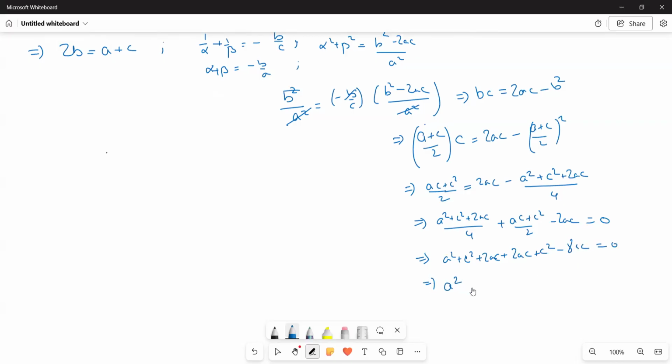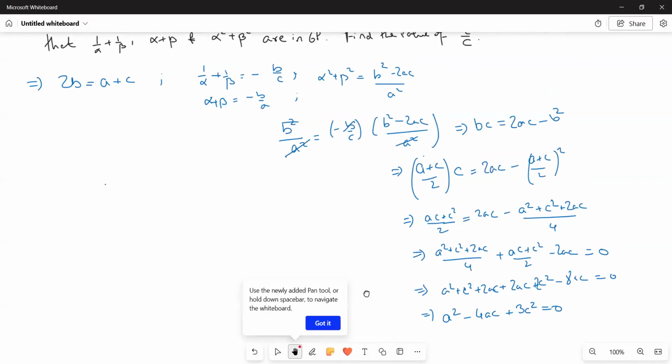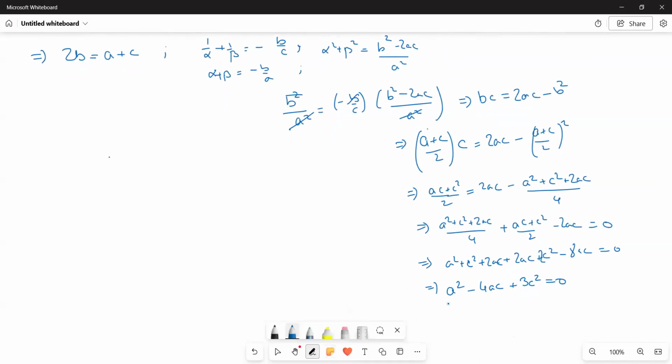Clubbing the similar terms together, we get A square minus 4AC plus 3C square is equal to 0. Now we are looking for the value of A by C. So now this is like a quadratic divided by C square.